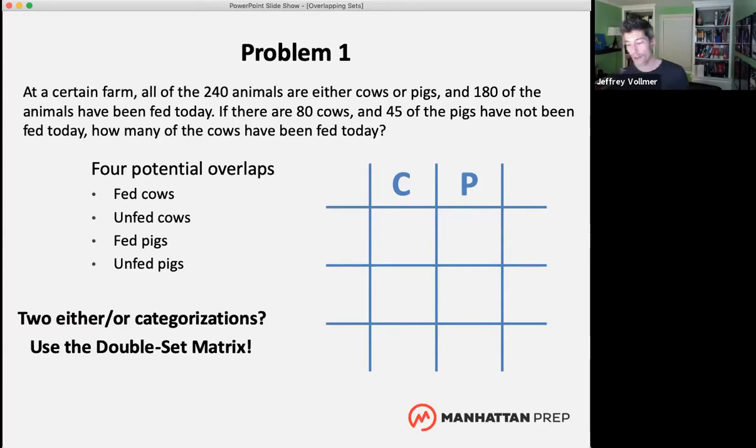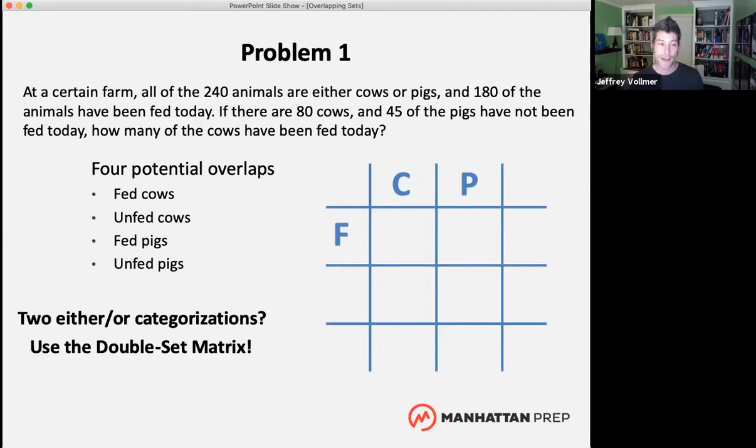All right, so every animal will be placed in one of those 2 columns. It is impossible for an animal to exist in both of those columns because, again, there's no such thing as a pig cow. Okay. In the 2 rows in the middle, you'll put the other either-or option.